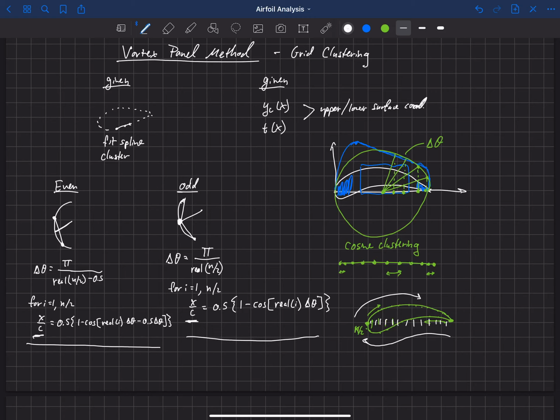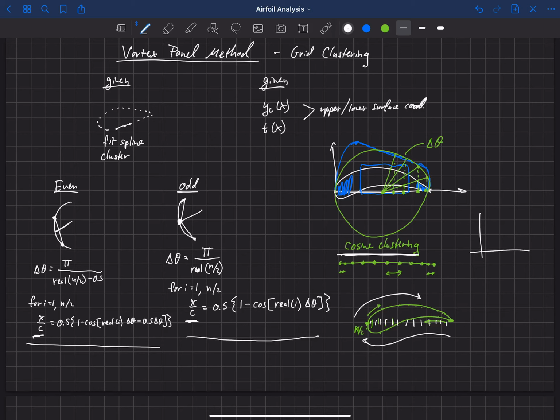Now, I have to say that there's something special about cosine clustering. I'm not exactly sure what it is, but cosine clustering tends to give, from my experience, the best solutions in terms of grid resolution. So we're going to find that we're going to double the grid and make sure that as we double the grid and continue to double the grid, or make our node count higher, our lift or pitching moment approach some value.